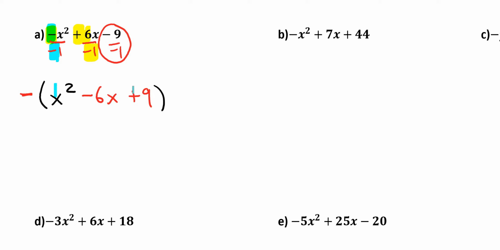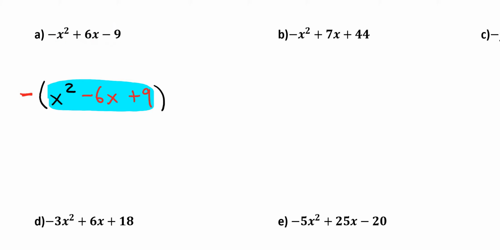Essentially, every single term inside this bracket, which is highlighted in blue, the signs all change. This positive sign becomes a negative, this negative sign becomes a positive, and this negative right here becomes a positive. All the signs change to the opposite sign. That's a very important skill that we'll be practicing throughout this course.